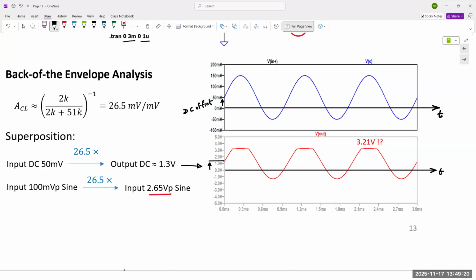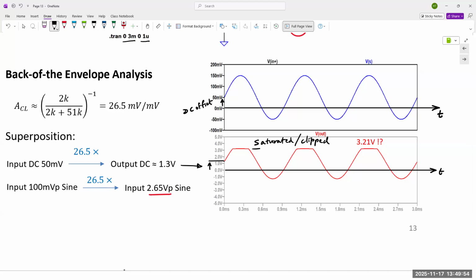In your AC output, it is swinging between these two lines right there. But what's happening over there? It's getting clipped. It's reaching a saturation level, and hence it's getting clipped, saturated or clipped.